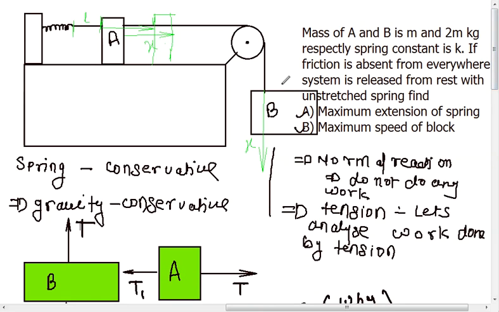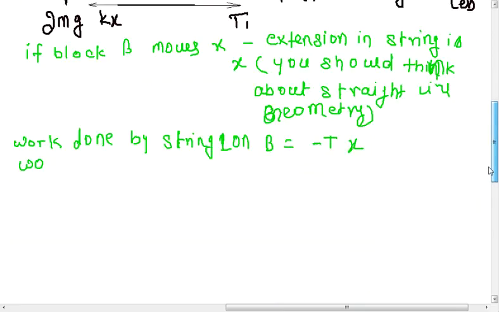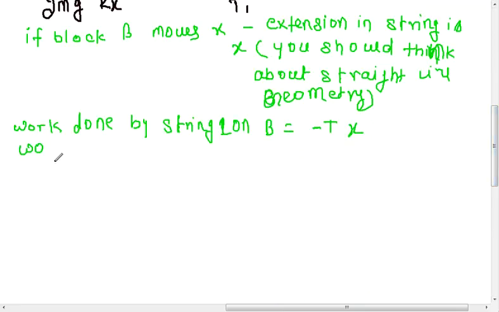This is the first string, from here to here, and this is the second string. So work done by string 1 on B is equal to minus Tx, because of the displacement. Similarly, work done by string 1 on A is equal to Tx.